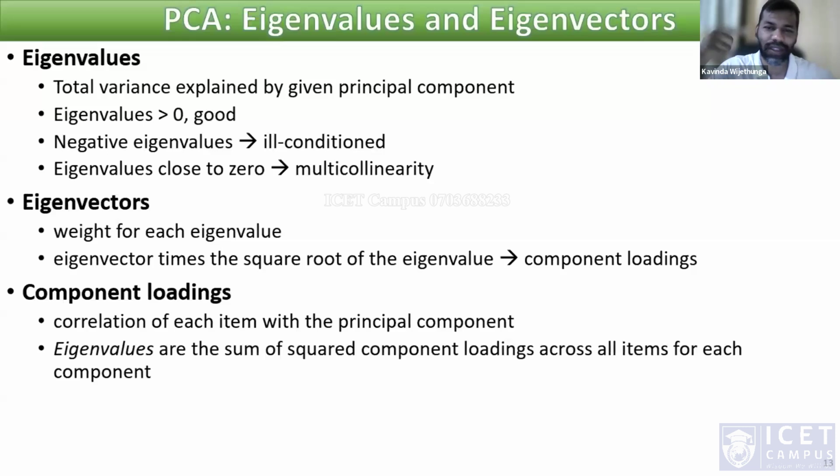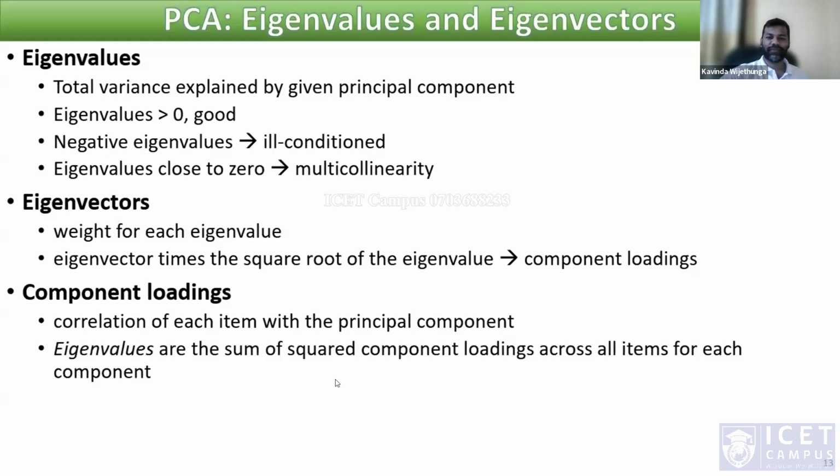It means that there are many factors now, and from each factor we can find this correlation. So it's called component loadings. Eigenvalues are the sum of the squared component loadings across all the items. So we can find the component loadings, then find the square of all these component loadings, and if we add them, that is what we call the eigenvalue.